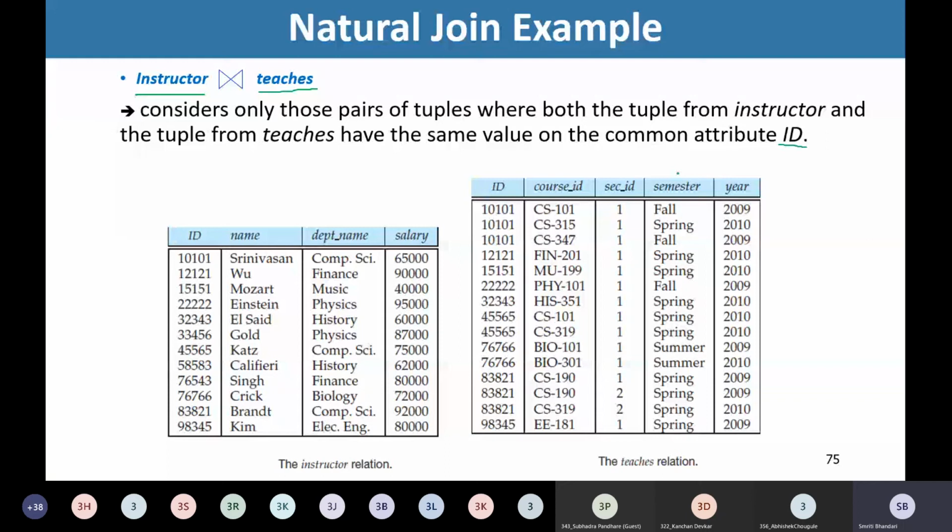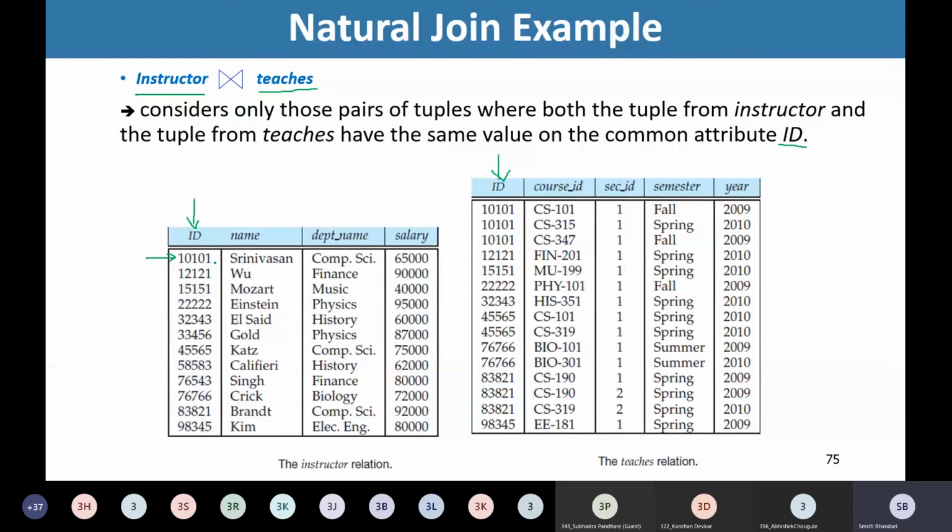Correct? So if this is the instance of instructor and this is the instance of teachers relation, the common attribute is this ID. What we will get in the natural join is all those tuples from instructor and teachers relation such that the common attribute ID will have the same value. For example, here I have this first tuple in the instructor table.